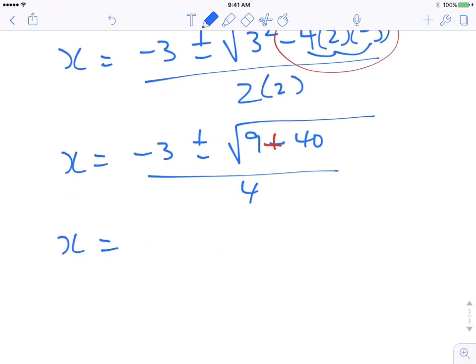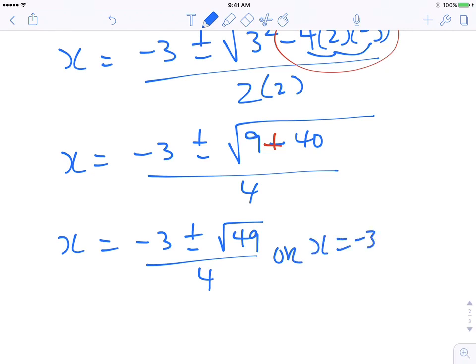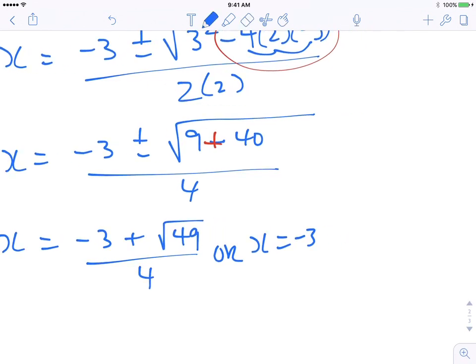So we have our two roots, which are really negative 3 plus or minus the square root of 49, divided by 4. So this is x equal negative 3 plus the square root of 49, or x equal negative 3 minus the square root of 49, all over 4.